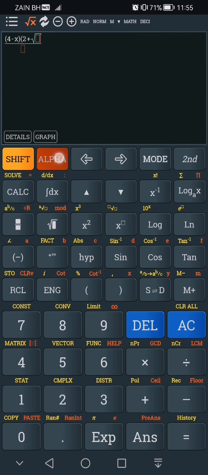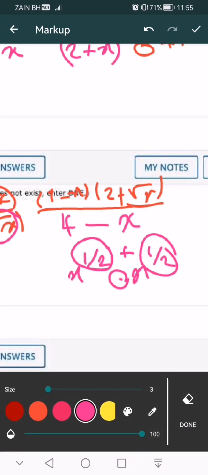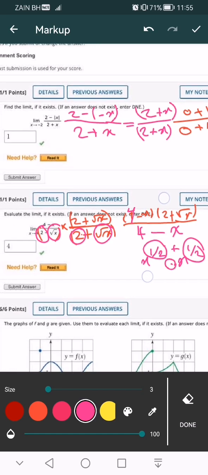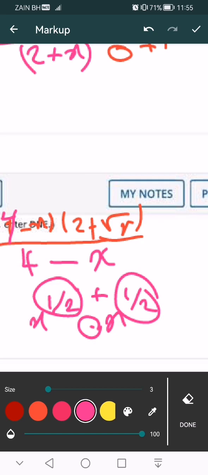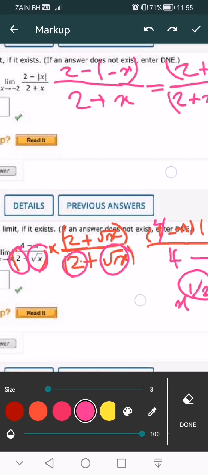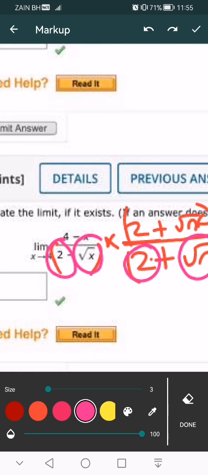Plus square root of x over 4 plus x. I will substitute this value all in the calculator, and I will substitute x by 4.